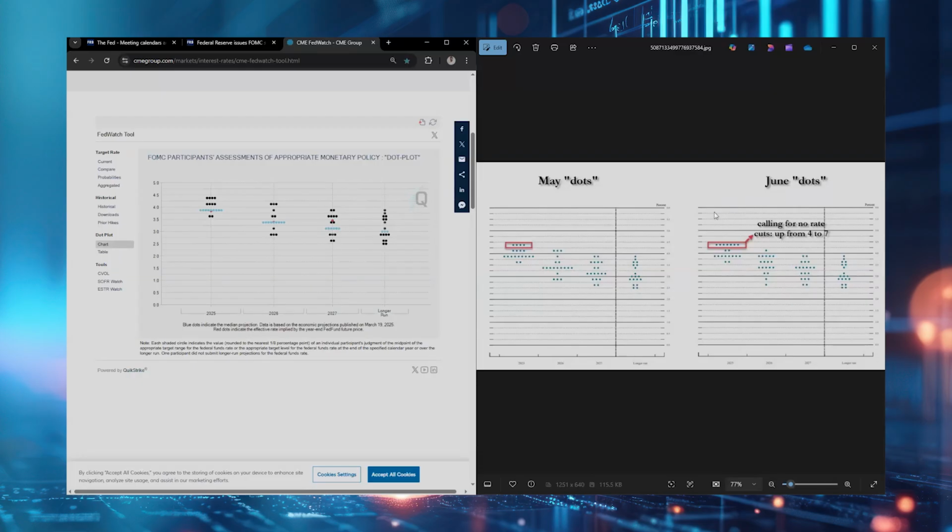Basically, what they did is they've added a few more calling for no rate cuts, up from 4 to 7. So there were 4, and now there are 7, and you can see that quite clearly here.